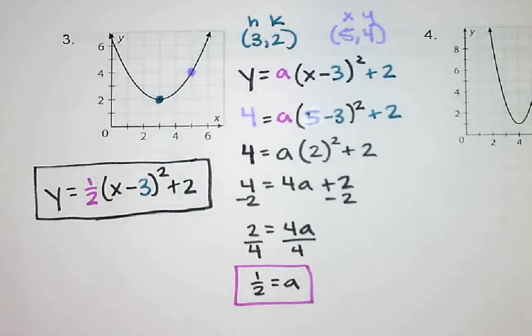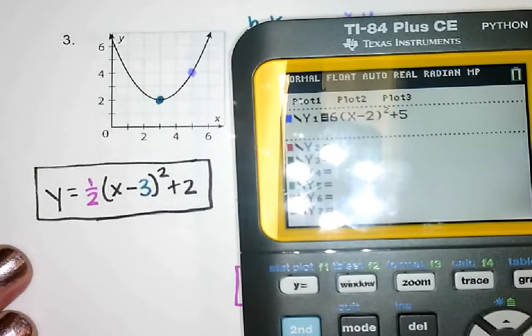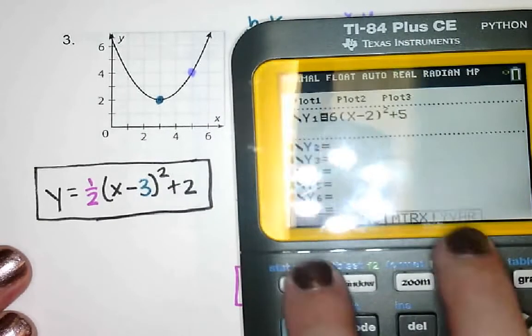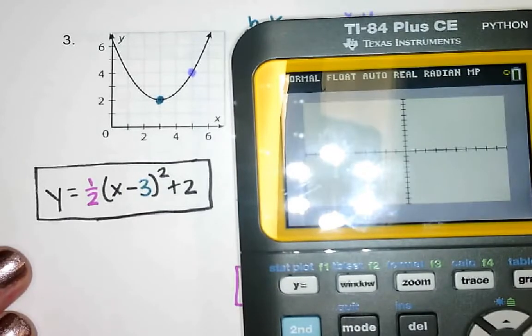And the way that you can check yourself, y'all, is you can go ahead and type this lovely equation into your calculator. Y equals, I'm going to go ahead and do it in my fancy fraction form, 1/2 x minus 3 squared plus 2. I'm going to hit graph. I'm going to make sure this generally looks the correct graph.